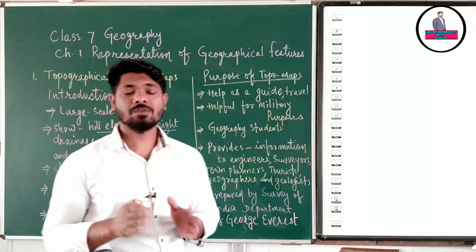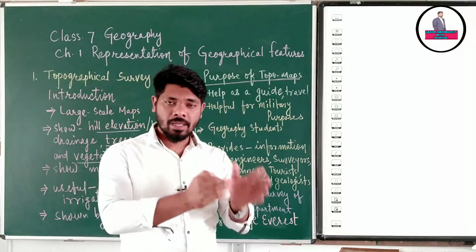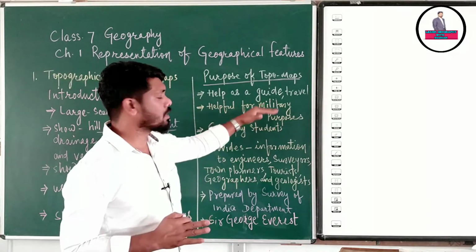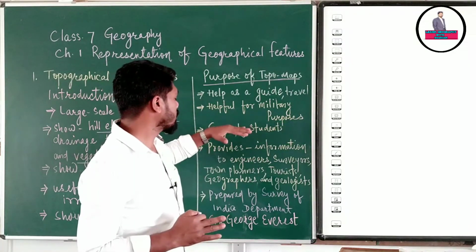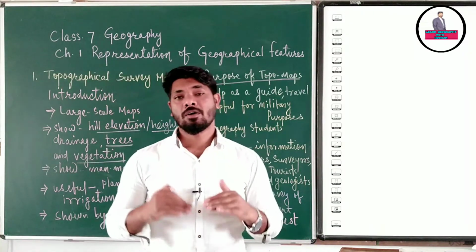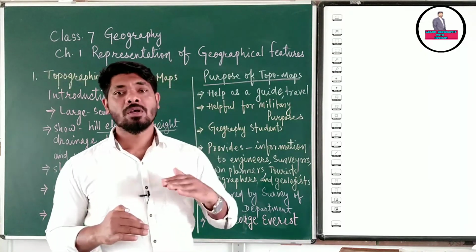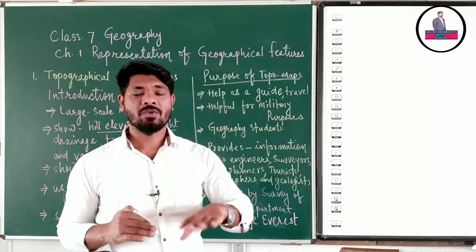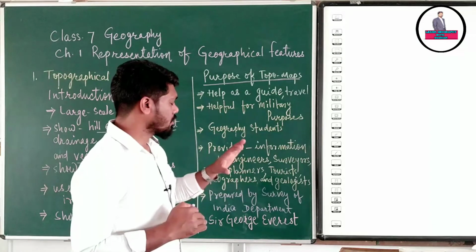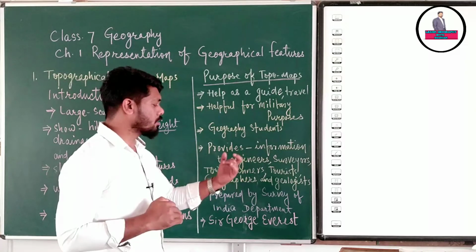When topographical maps are prepared, as they show all the details about a particular area, they are helpful for military missions. Then it is helpful for geography students for studying different landscapes and physical features. A topographical map is useful for surveying any surface land. It provides information to engineers, surveyors, town planners, tourists, geographers and geologists.